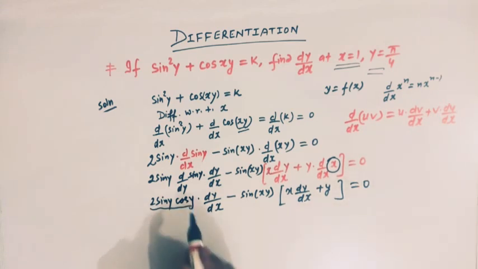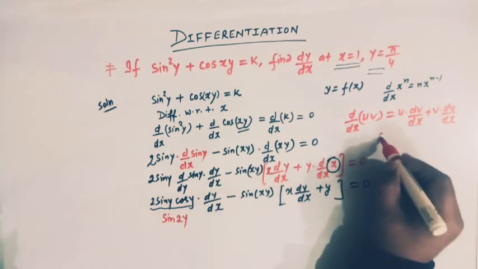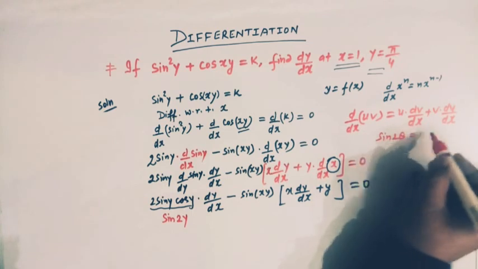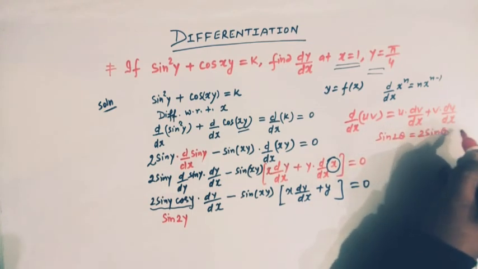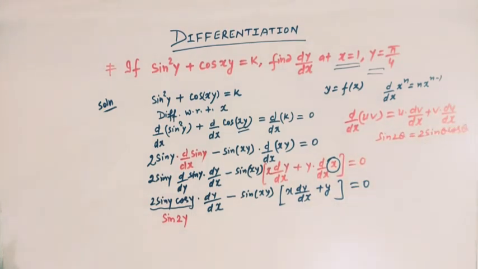Now 2 sin y cos y is sin 2y, because sin 2 theta is equal to 2 sin theta cos theta, right?